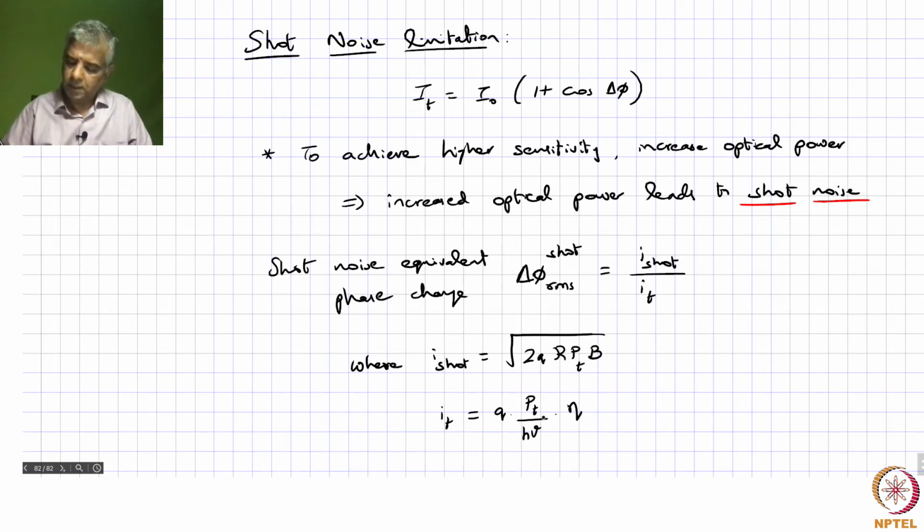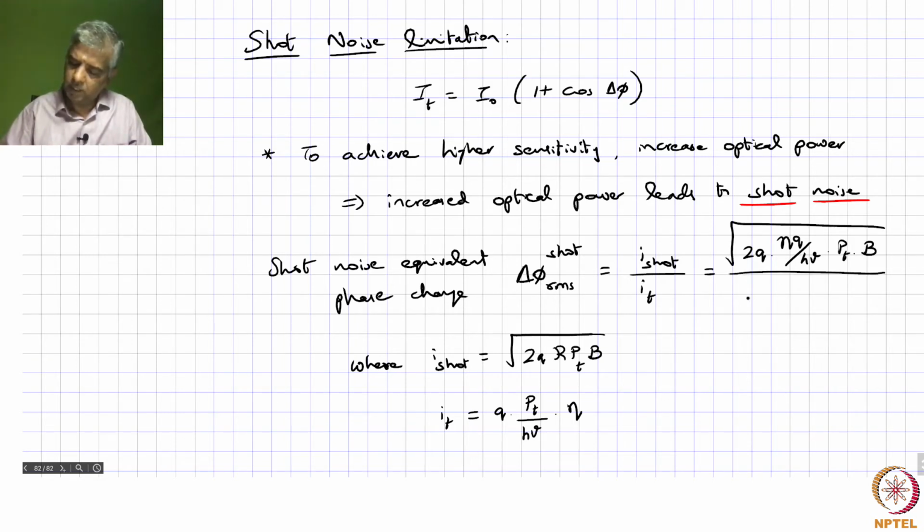So, if you plug these two in here, on the numerator you have 2q, and r can be written as eta q over h nu multiplied by pt multiplied by b, the whole root, divided by q times pt over h nu multiplied by eta, right.